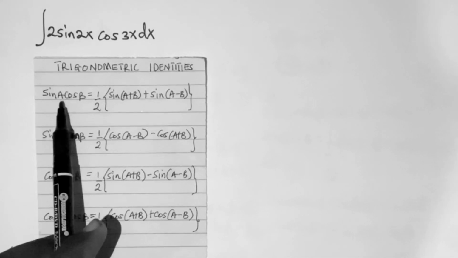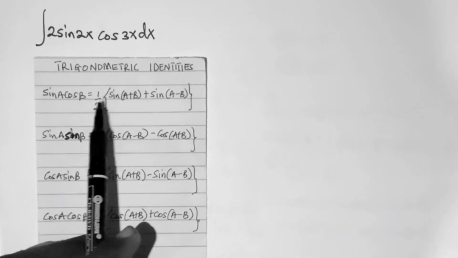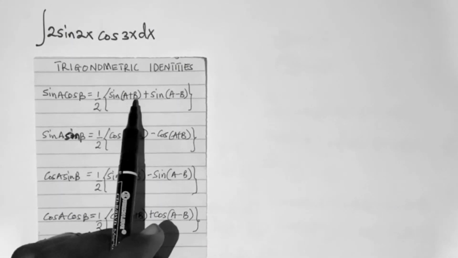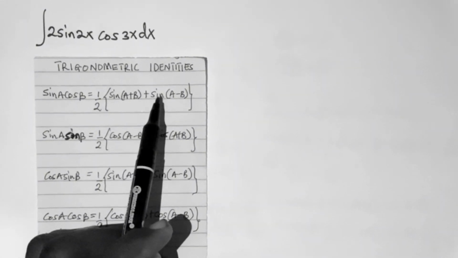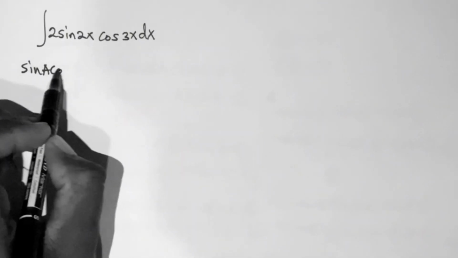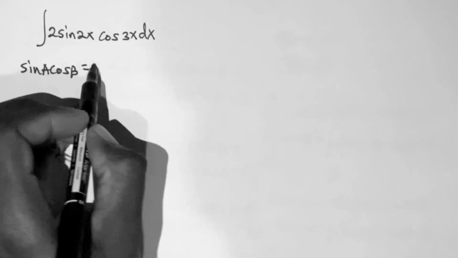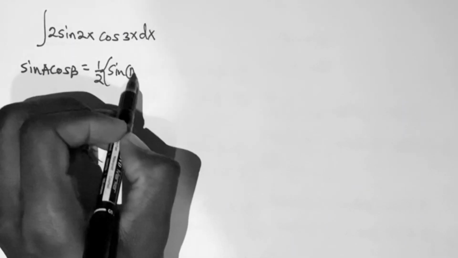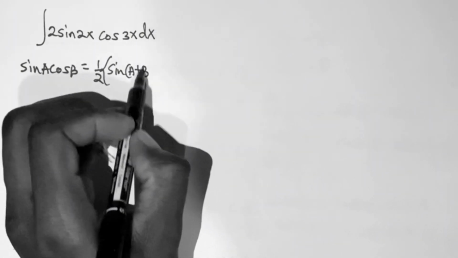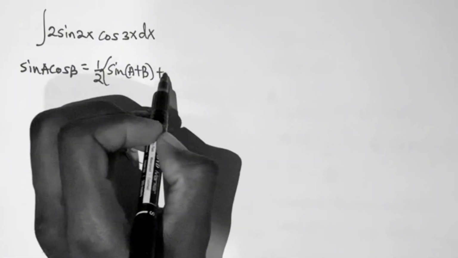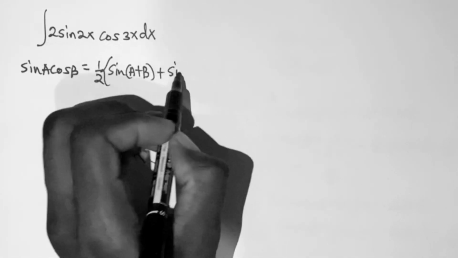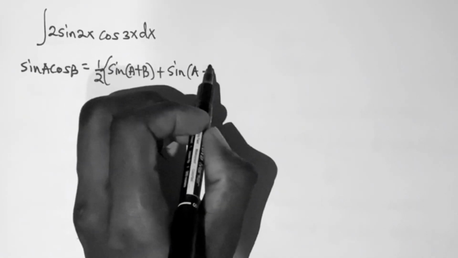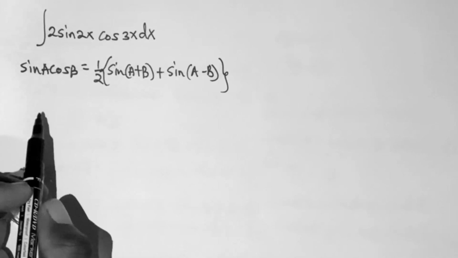So you see sine A cos B, and that is half of [sine(A + B) plus sine(A - B)].